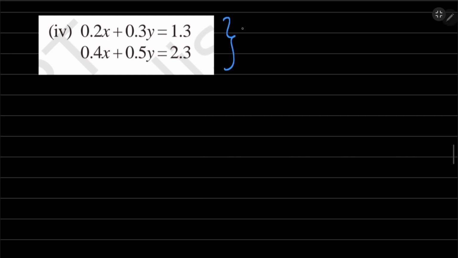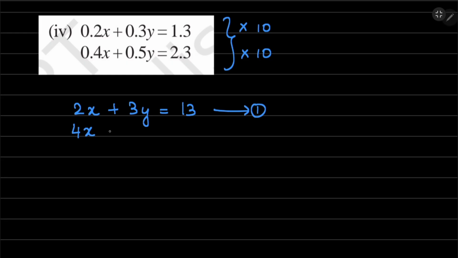So multiply both the equations throughout by 10 in order to remove the decimal. So what do you get here? 0.2 multiplied by 10 is 2. So 2x plus 3y is equal to 13. Now this will be your equation 1. And the second equation is 4x plus 5y is equal to 23. This is your equation 2.